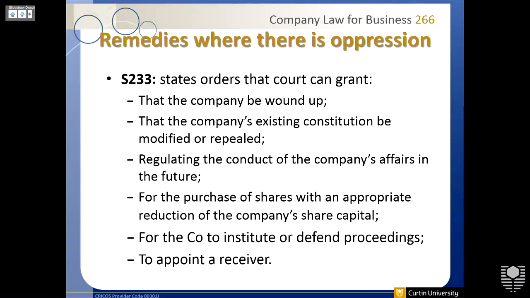A receiver is a person who is appointed to the company, who takes hold of a property, and he sells the property, realizes the cash, and pays the relevant creditor. Now, a receiver and manager is a person who can take hold of that property and manage the property. So these are the types of administration that you can have in relation to receivership.